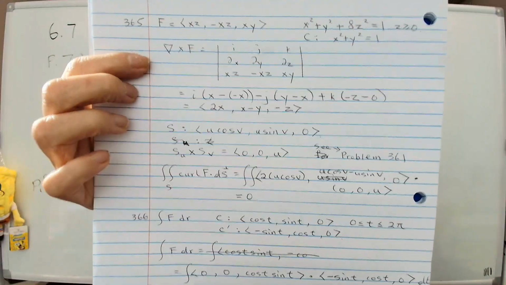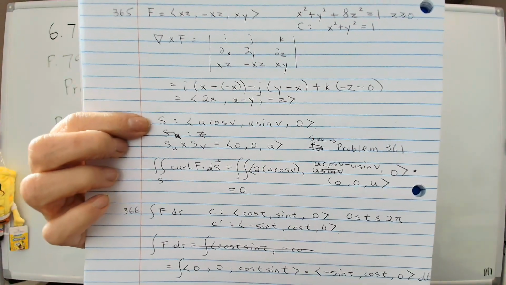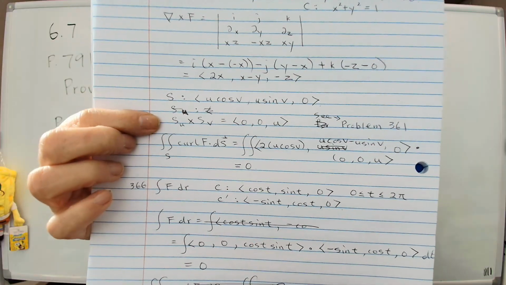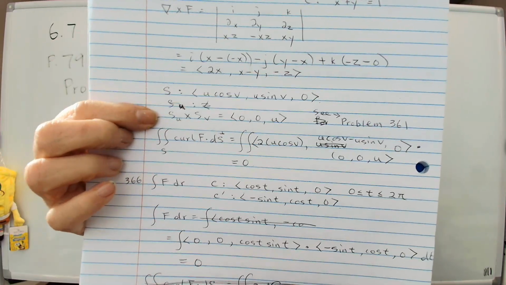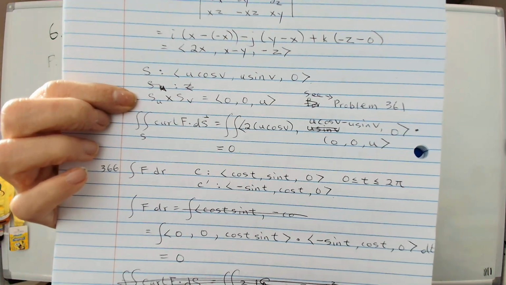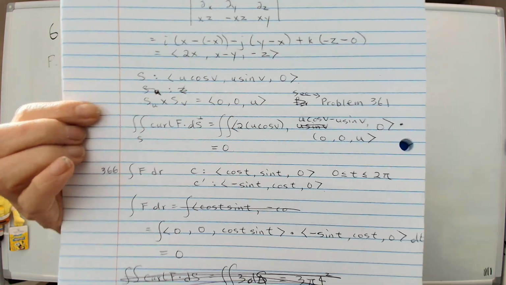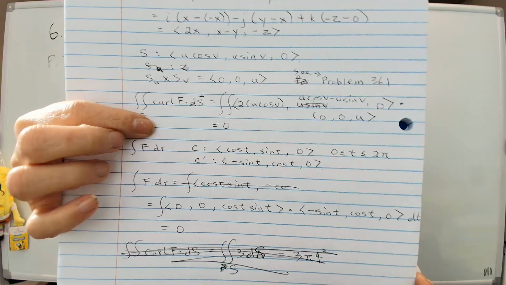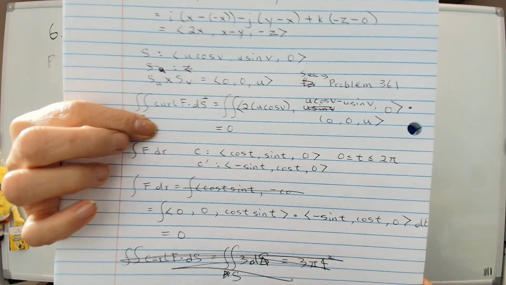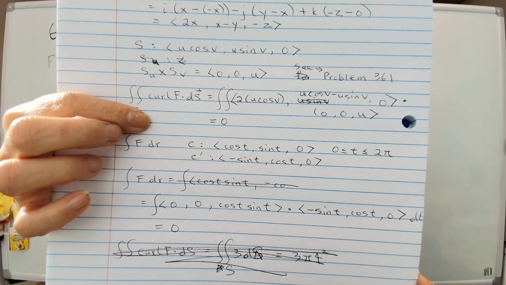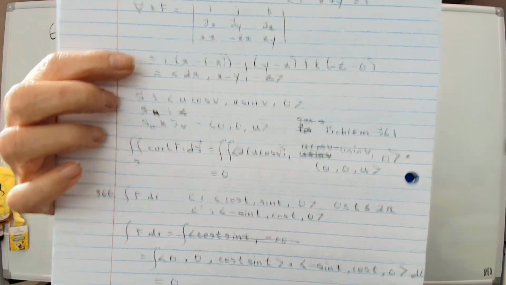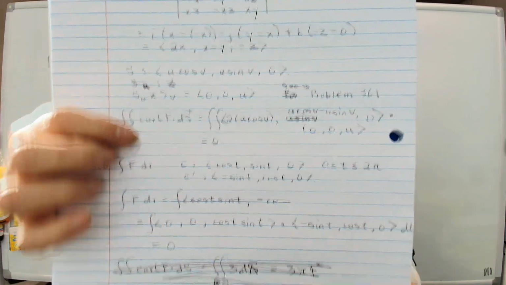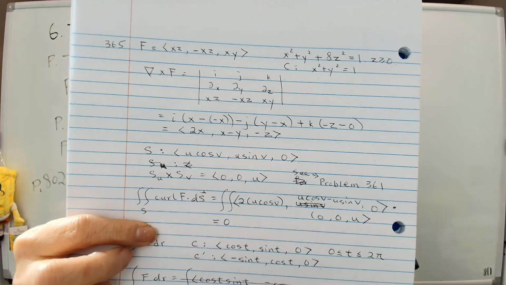We calculate curl F, and then S, we do it just like the previous problem, which means we can just copy this from the previous problem: the cross product of the tangents. Then we can calculate everything, and it happens to be 0, because you're dotting with 0, 0. The first two are 0. The last one is u, whereas the last item on the curl ended up being 0.